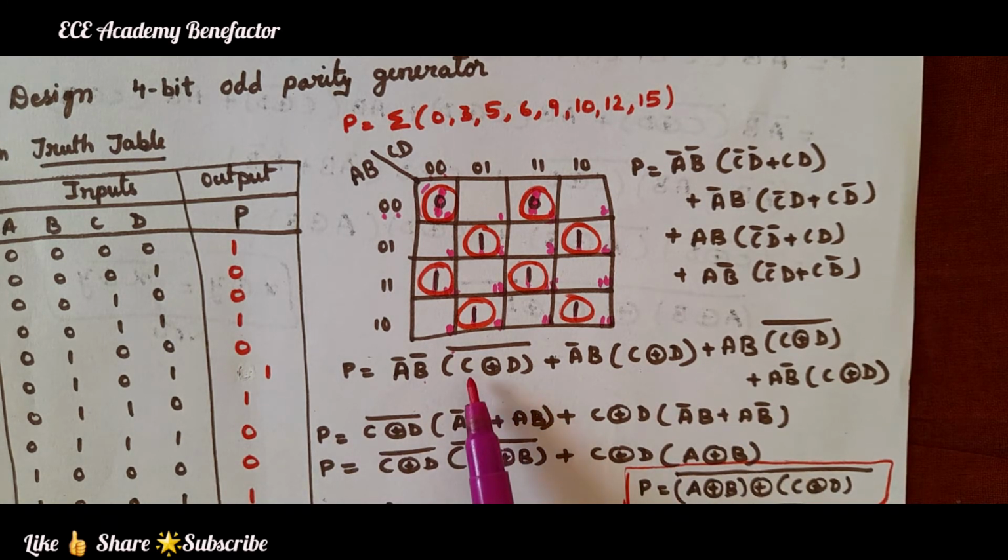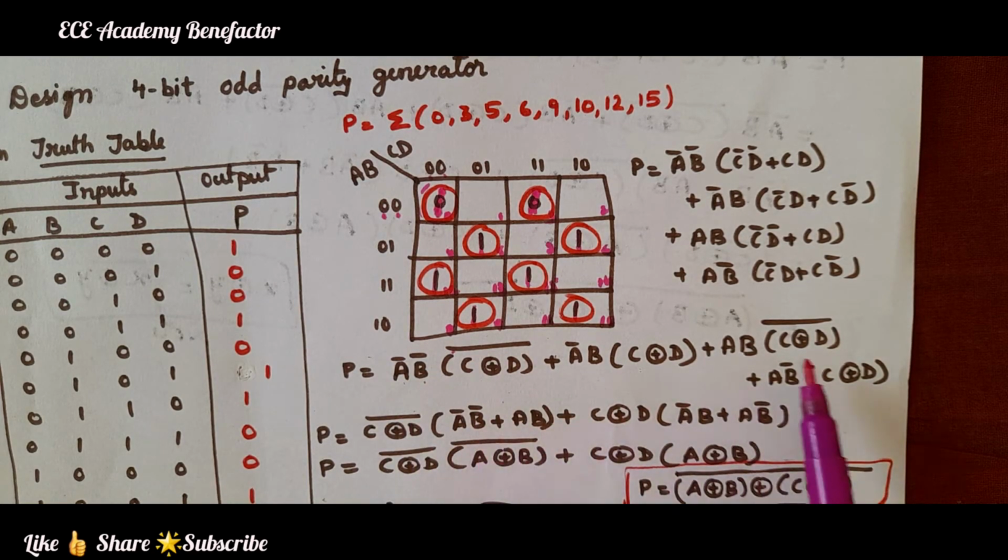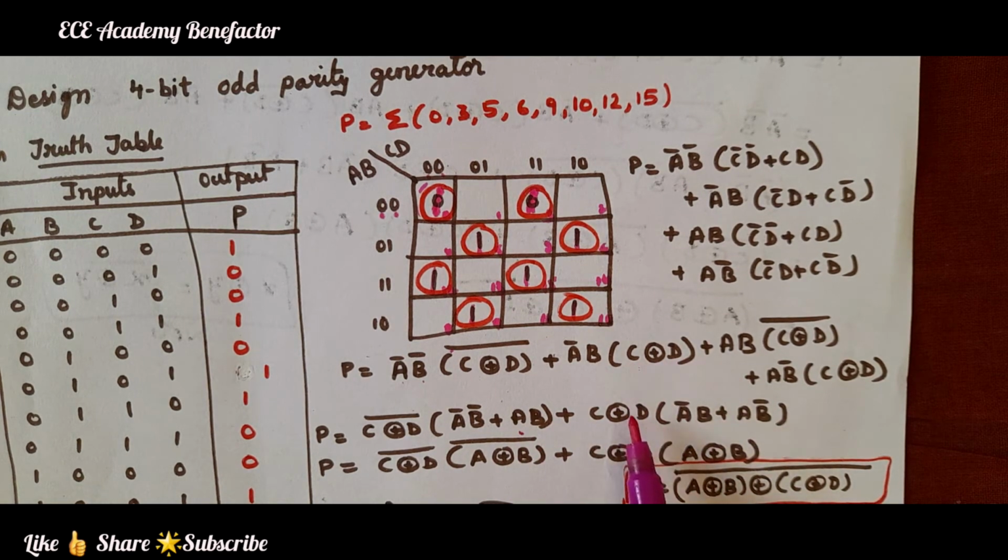Now taking C XOR D the whole bar common, we are having A bar, B bar plus AB plus C XOR D common. What we are getting? A bar, B plus AB bar. So now look at this term, this A bar, B bar plus AB is XNOR gate, A XNOR B, which can be written in terms of XOR as A XOR B the whole bar.